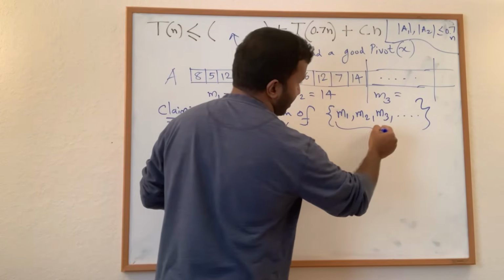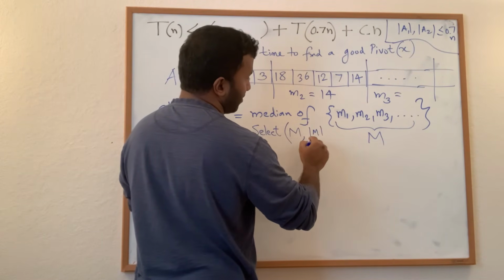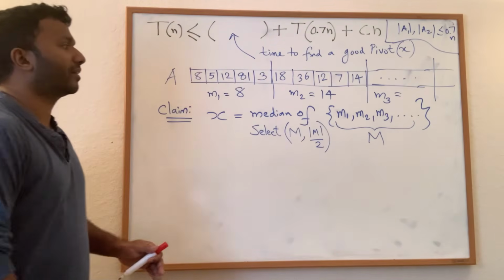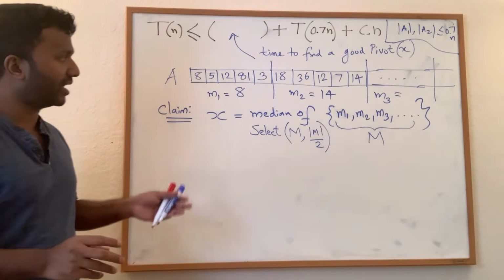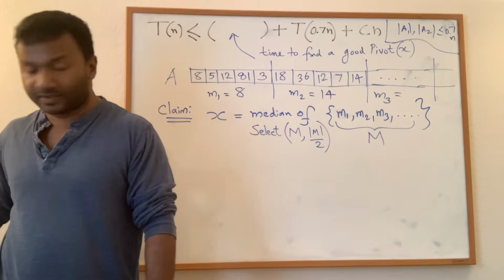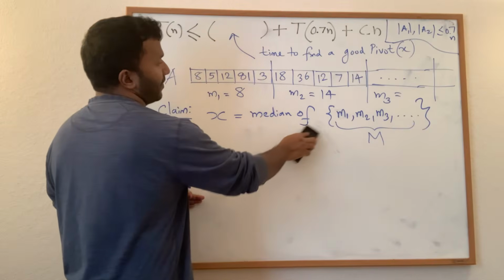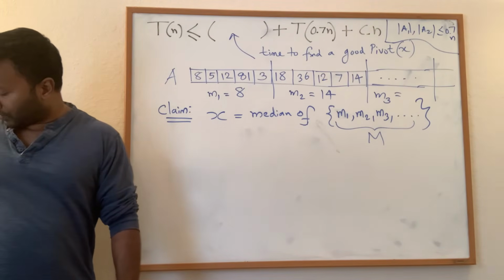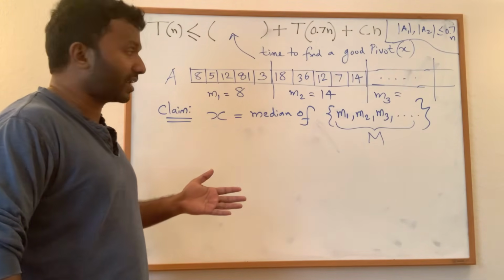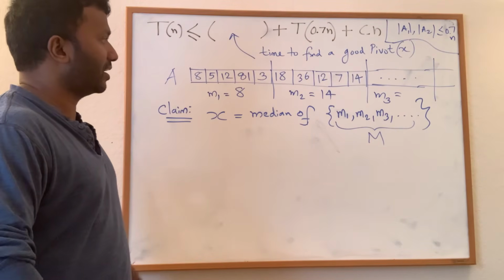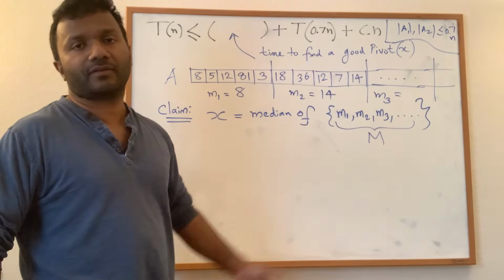If I represent this set in the form of an array, let's say M, then this is nothing but select M. So my claim is that X is going to be the median of these numbers. So median is a special case of selection. Two things we need to see at this point. One thing is how to prove that this claim is correct, and if this claim is correct, what is the time complexity for finding this.